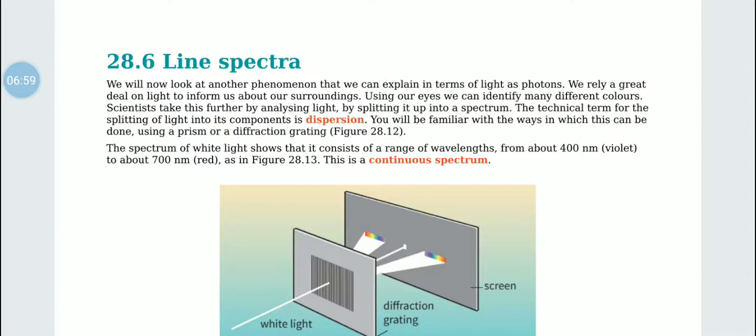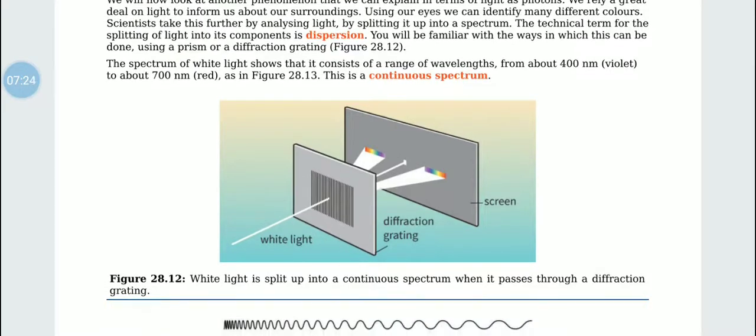This splitting of light into its components is known as dispersion. The visible light spectrum of white light has a range of wavelengths from 400 nanometers, which is violet, to about 700 nanometers, which is red. This is known as continuous spectrum.